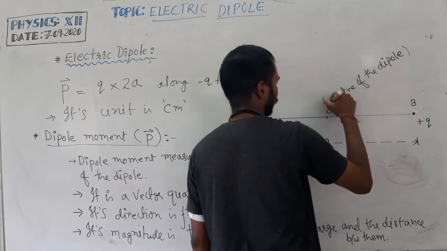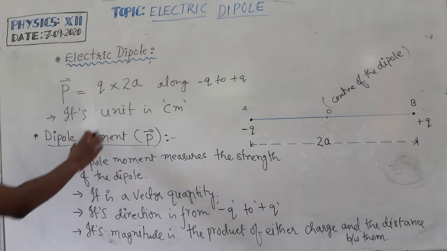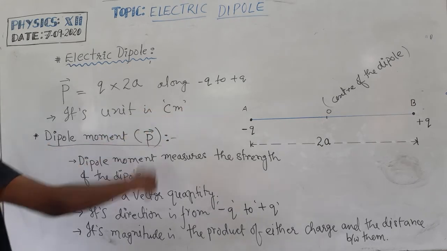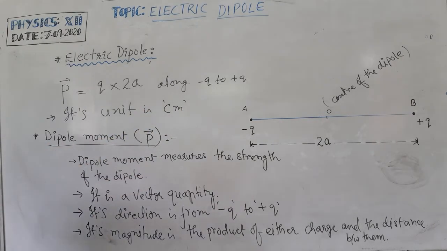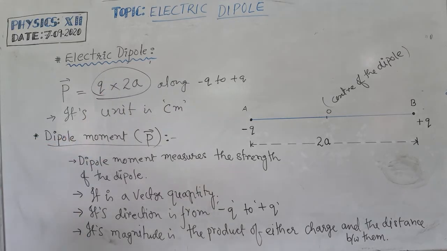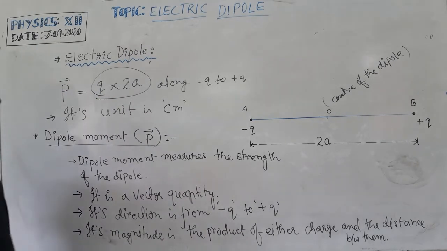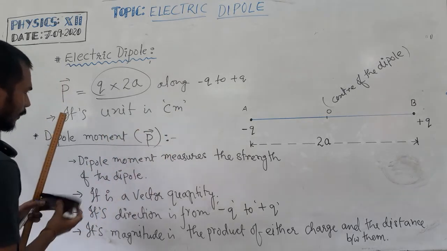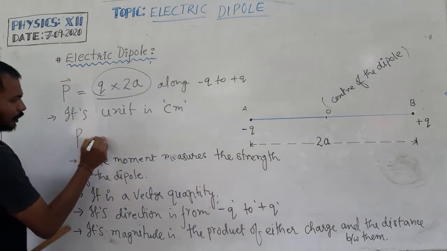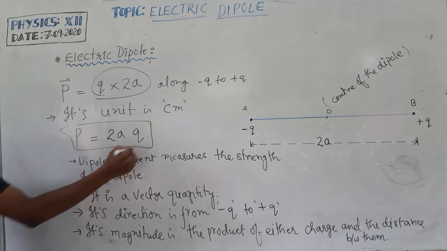The small p indicates the dipole moment, and we will use it in place of 2aq in many formulas. That is, p equals 2aq.